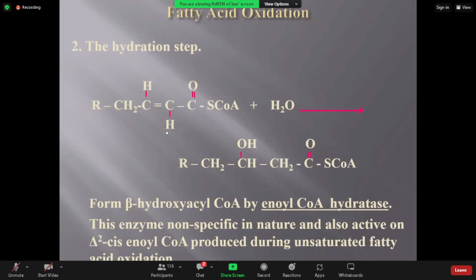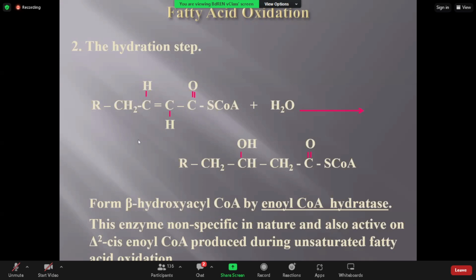So there are some different types of enzyme that act only on the trans configuration, not cis, and there are some specific enzymes that can act on the cis configuration, not trans. But in this condition, this enzyme can act on not only the trans configuration but also the cis configuration. Delta-2 trans-enoyl coenzyme A is produced from saturated fatty acid, but delta-3 cis-enoyl coenzyme A is produced when unsaturated fatty acids are oxidized.